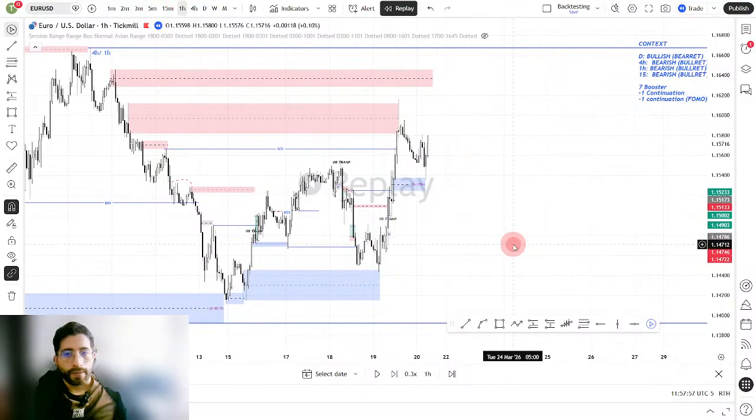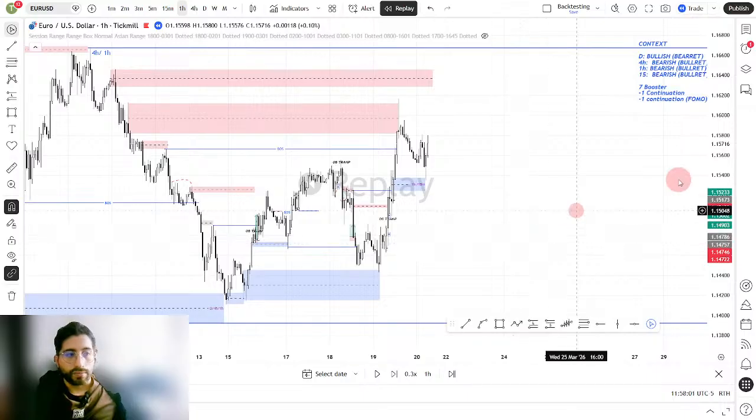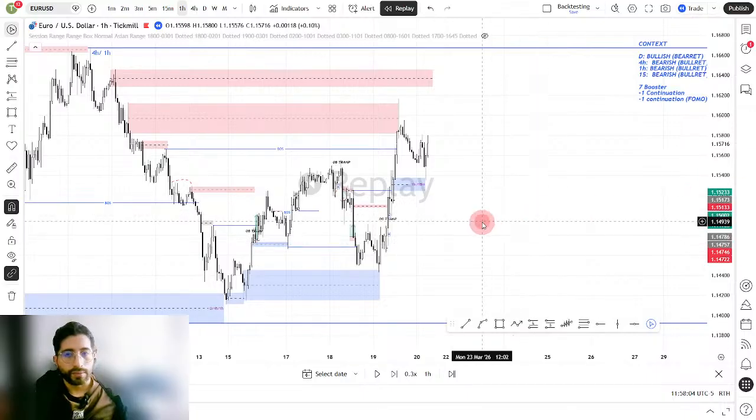So the PD array, from my point of view, is a basic concept, right? And to select properly the order block that would have the reaction, you need to understand a concept that is called liquidity. So it means money.